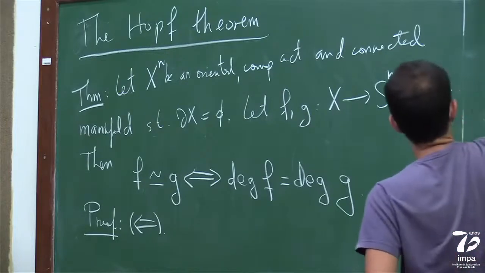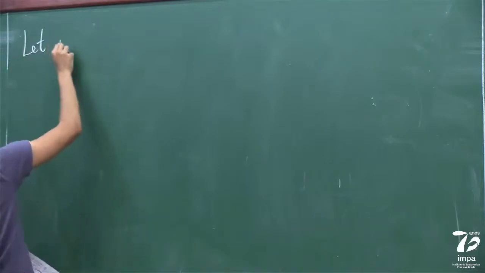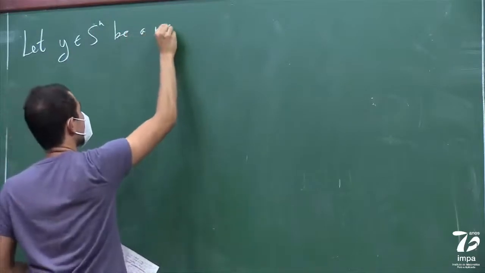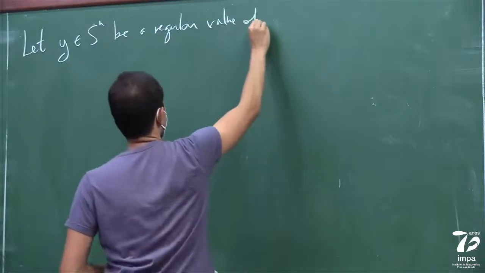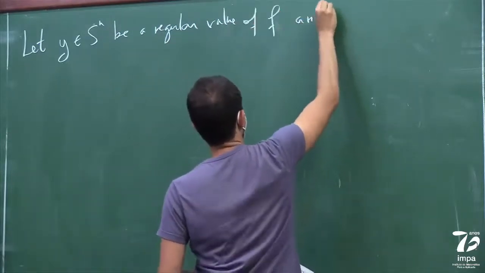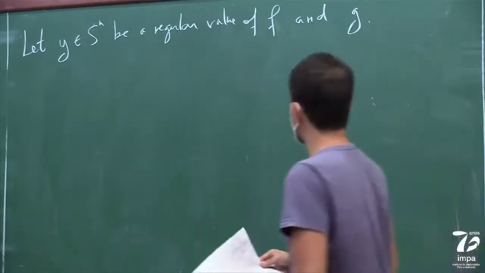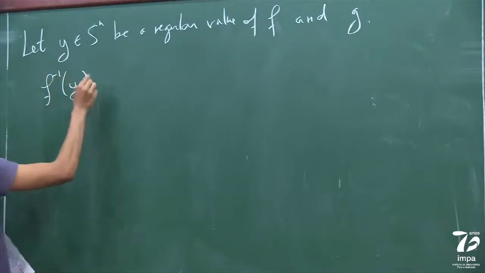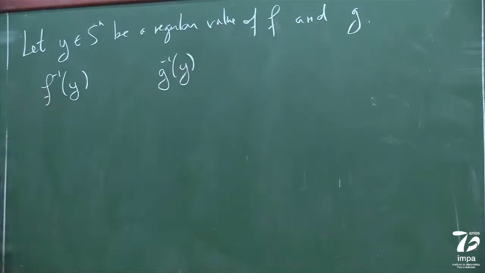So we're going to let y in S^n be a regular value of F and G. Okay? So now when you look at the preimage of y by F, and the preimage of y by G, these are going to be a collection of points with signs.